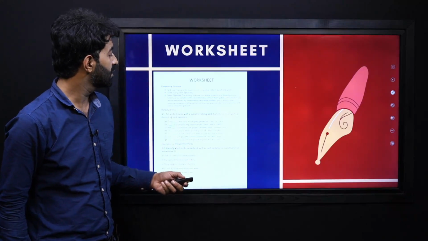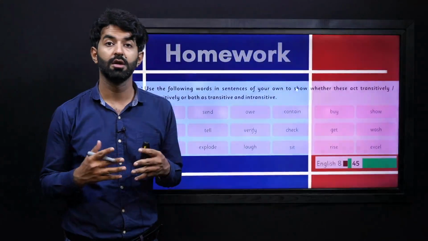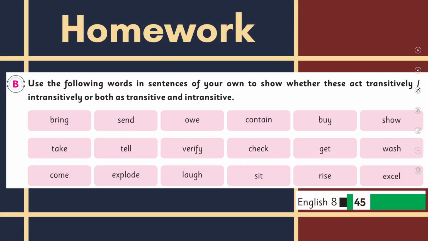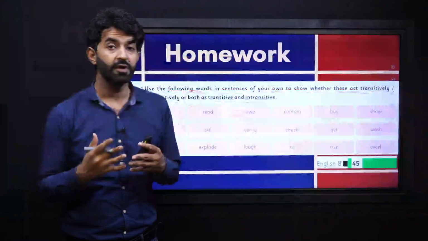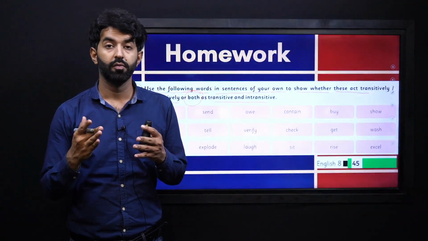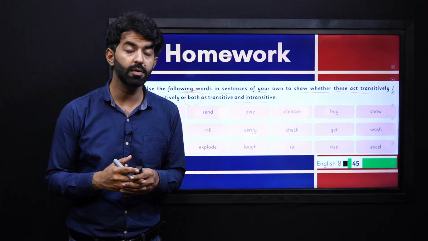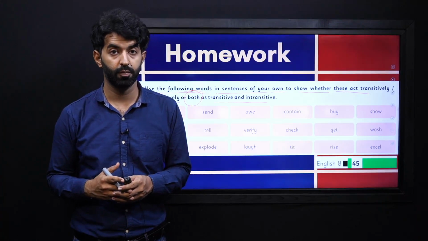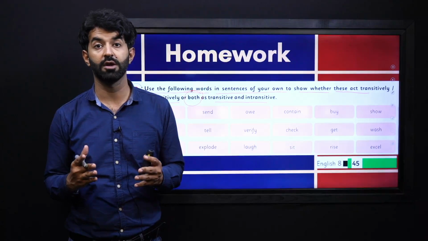Here is your worksheet related to the main lesson that you can solve, and for your homework you have to use the following words in sentences of your own to show whether these act transitively or intransitively, or whether they can act as both transitive and intransitive. So first you can come up with a sentence which is having a transitive verb or intransitive, or you can use the word in both transitive and intransitive if it is possible.